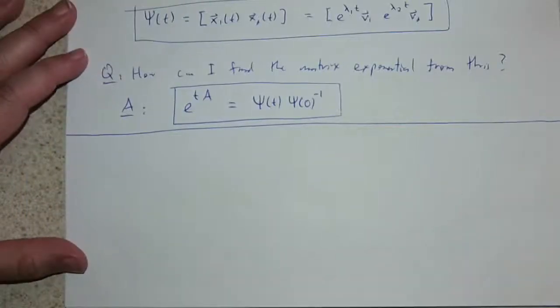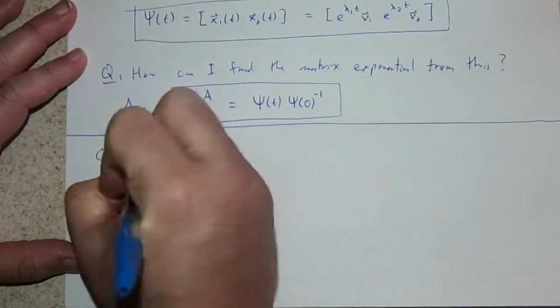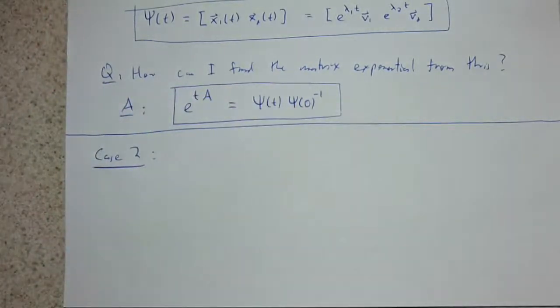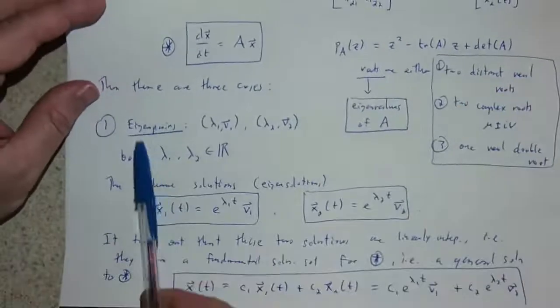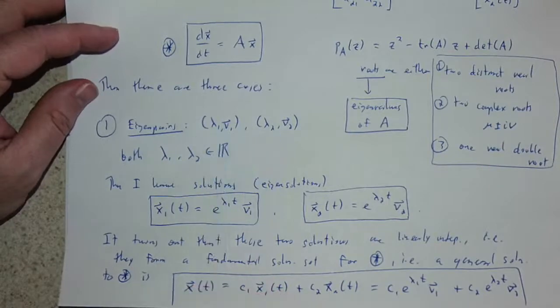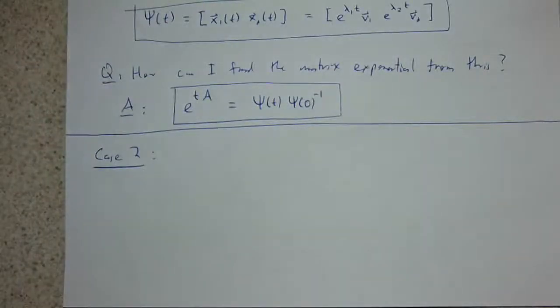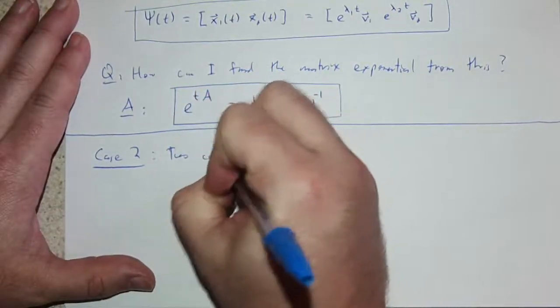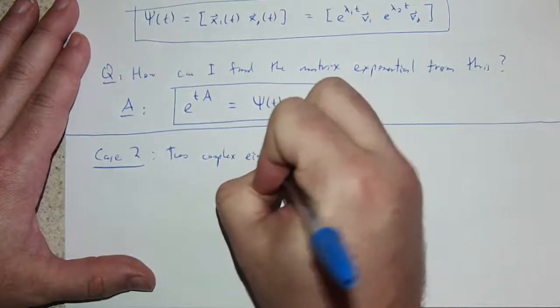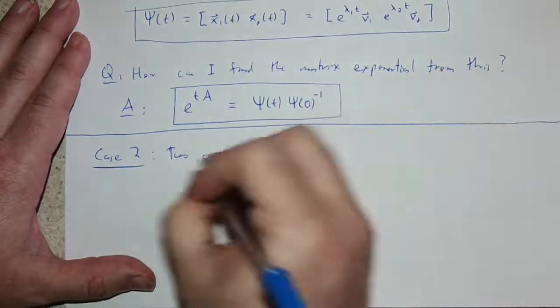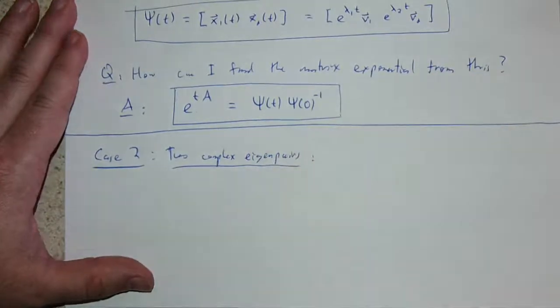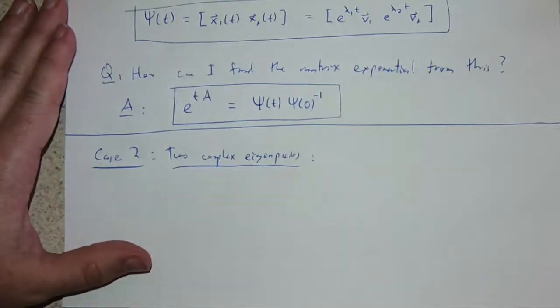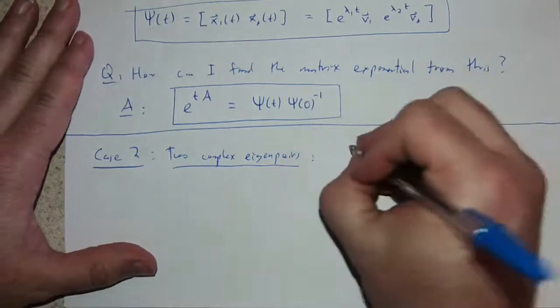So, next case. Case 2. Remember, case 1 was the case that I had two real eigenpairs. Case 2 is when I have two complex eigenpairs. What's cool about this is, recall that if I have two complex eigenpairs for a 2 by 2 matrix, I actually know what form they have to take.